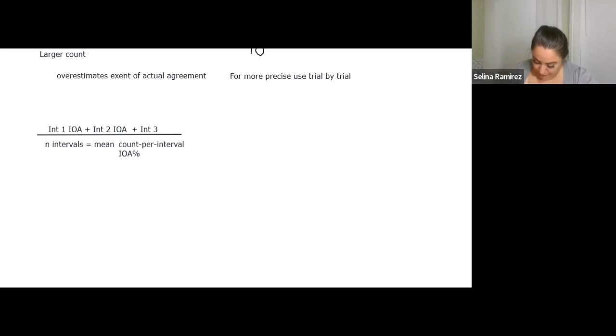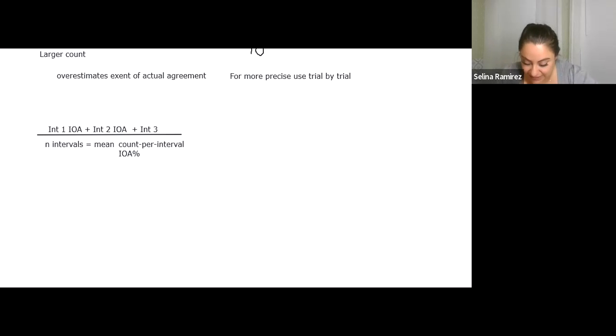Even though each observer recorded a total of 15 responses within the 30-minute period, their data sheets reveal a high degree of disagreement within the observation period. Although the total count IOA for the entire observation period was 100%, agreement between the two observers within each 5-minute interval ranged from 0 to 100, yielding a mean count per interval IOA of 65.3.